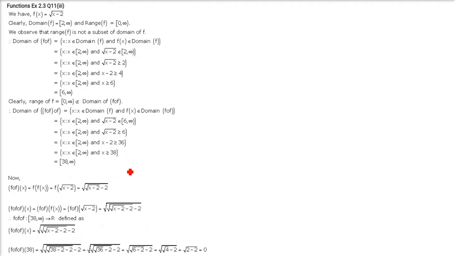Then the other one is f squared. We have to find out FOF of 38. We have already defined FOF, and the domain is 38 to infinity. So now we will just put the final values.